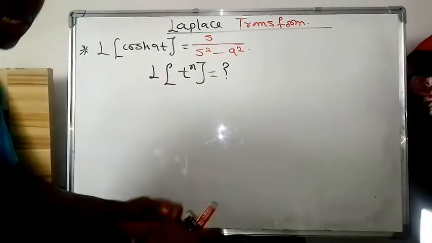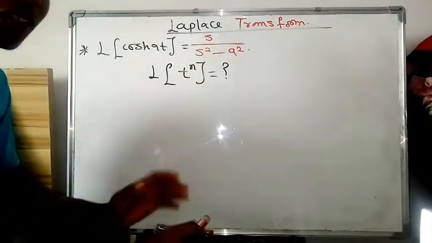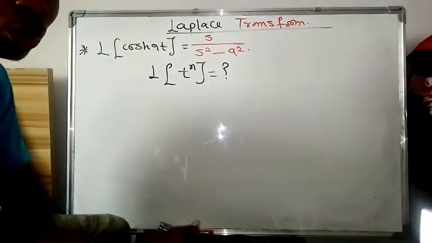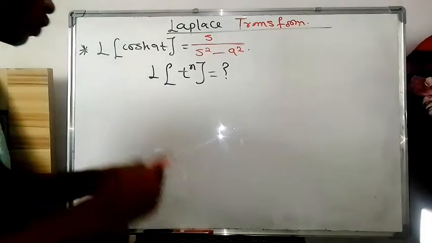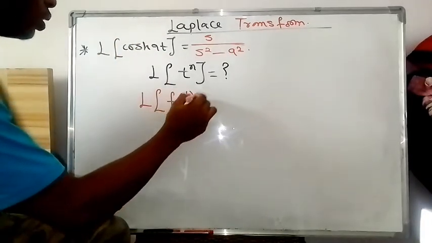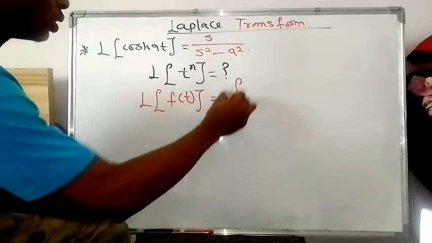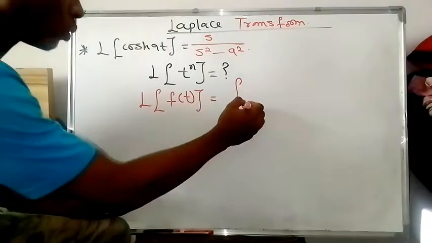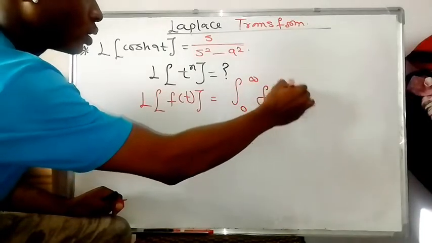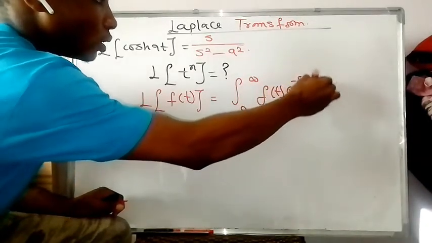Before we proceed, let me remind you of the general expression of the Laplace of any function of t, which says the Laplace of f(t) is equal to the integral from 0 to infinity of f(t) times e to the power minus st dt.